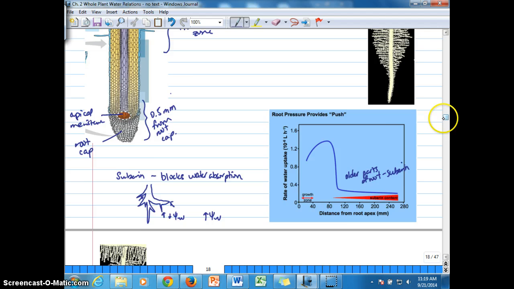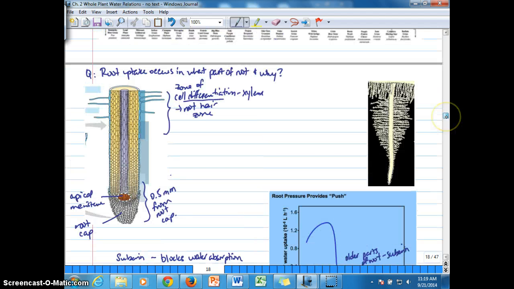So let's go ahead and talk a little bit about root hairs now. You can see the diagram up in the right corner over here. Many plants have root hairs. Root hairs are actually extensions of the root epidermis cell. They are not dead regions like the root cap, or like our own hair, which is not living.